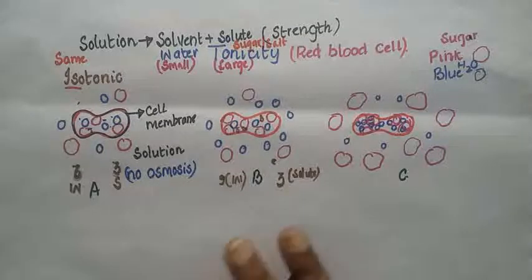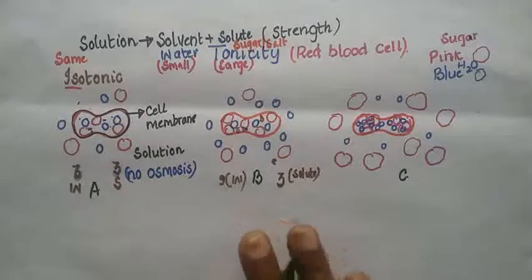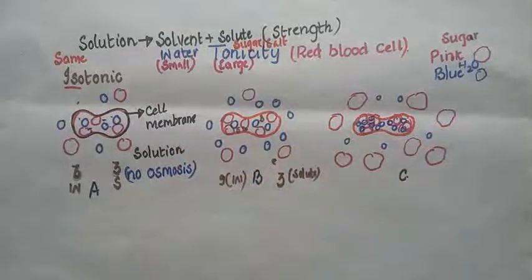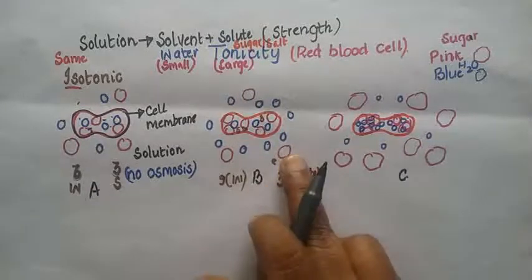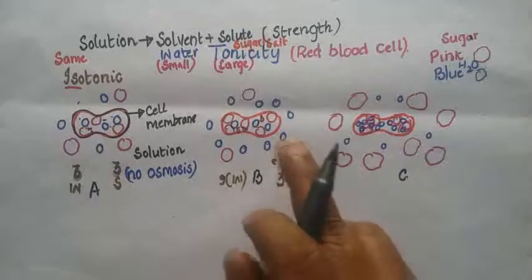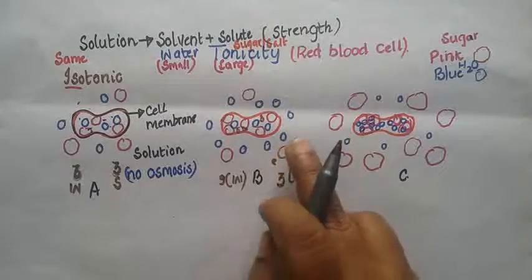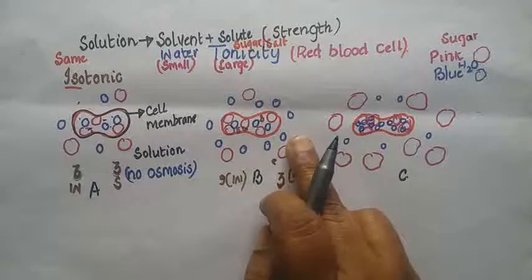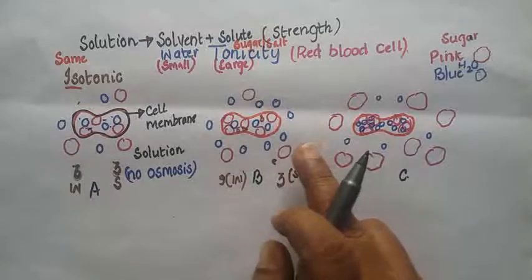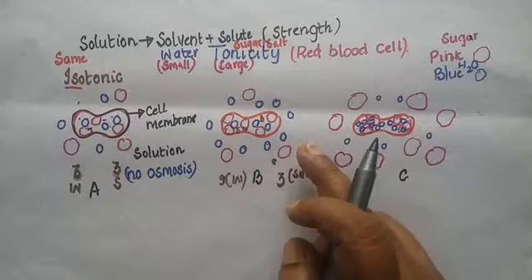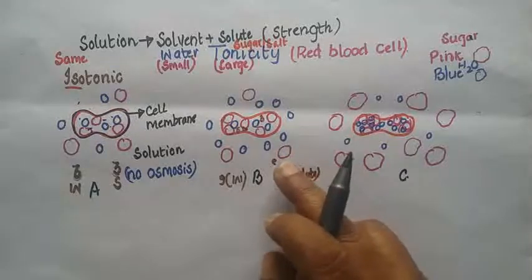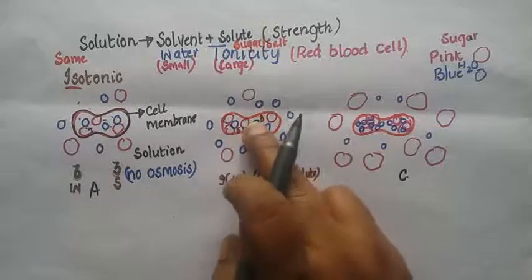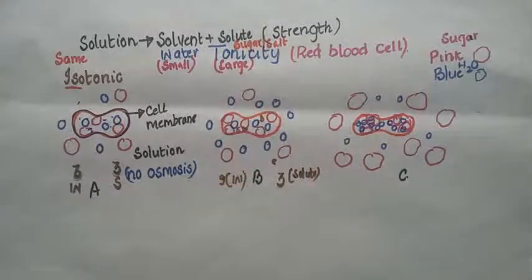Right? Now, always you should consider the solution which is surrounding the cell. So if you look at the solution surrounding the cell, you can say that you have a dilute solution surrounding the cell. That is where you have more water molecules and fewer solute molecules compared to the fluid inside the cell. Is it clear?